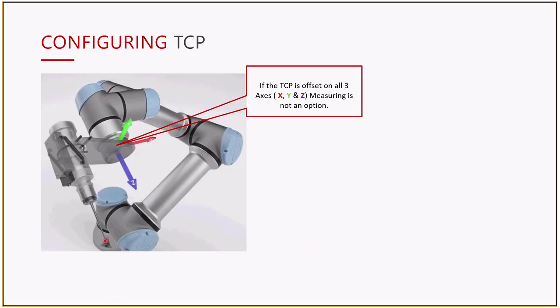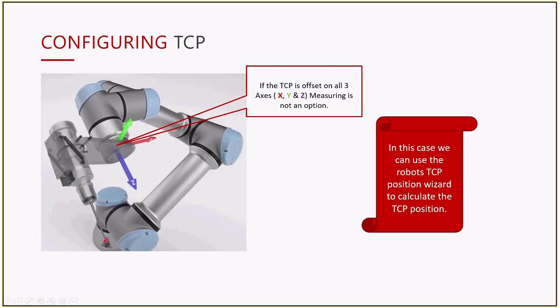Now, if the TCP is offset on all the 3 axes, measuring is not an option. You cannot measure at this point because it's not going to be adequate, and your coordinates are going to be all over the place, and the robot will go to different places than where it's supposed to be going.